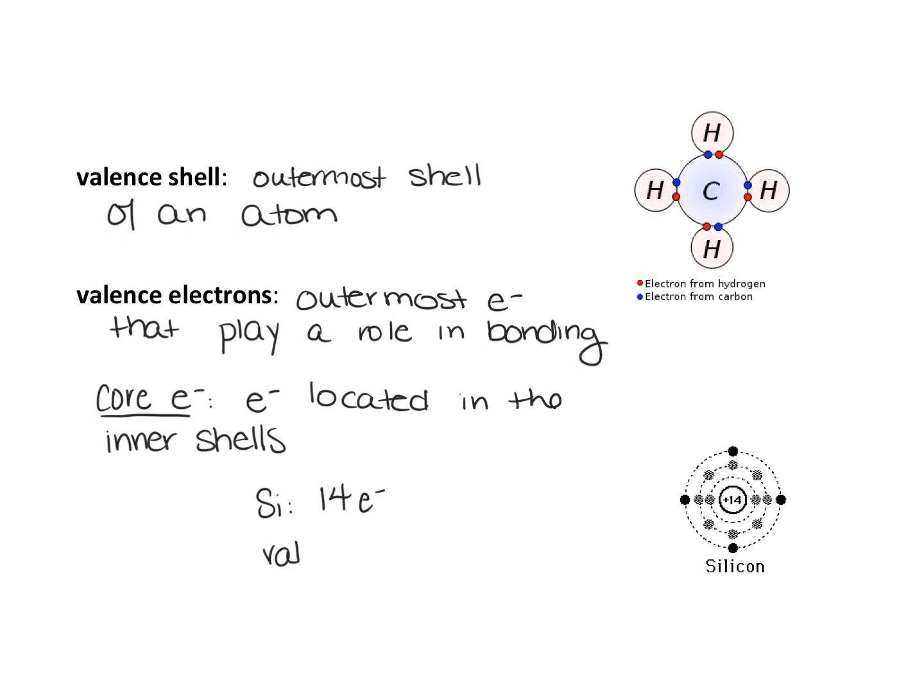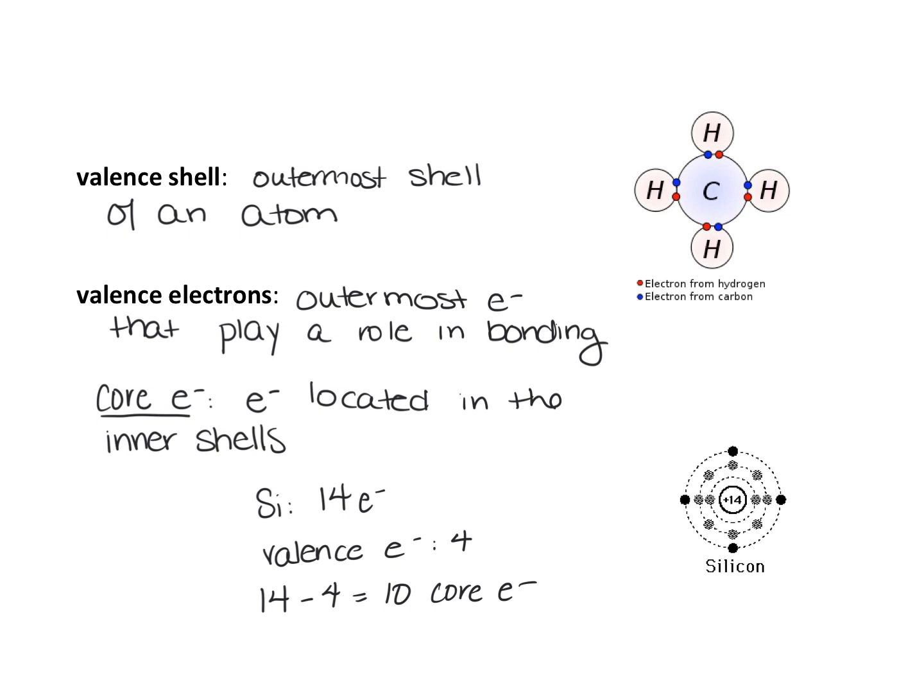And so that means silicon has 4 valence electrons. And so to figure out our number of core electrons, we just take the total number of electrons and subtract the 4. And that gives us 10 core electrons.